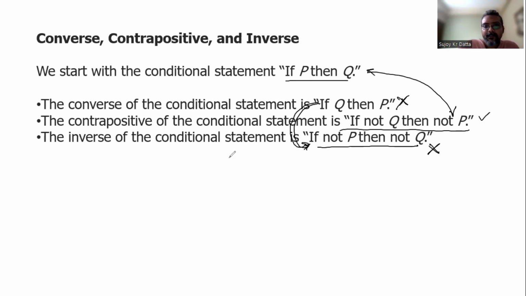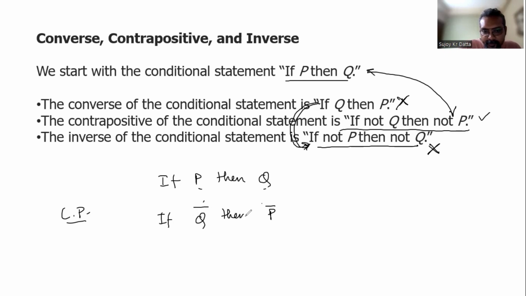So if a positive statement, if P, then Q, how do you make its contrapositive? It's very easy. Reverse the positions of Q and P and negate. If not Q, then not P. Simple. So when this is a correct statement, then this will be a correct statement as well. That's how you make the contrapositive.